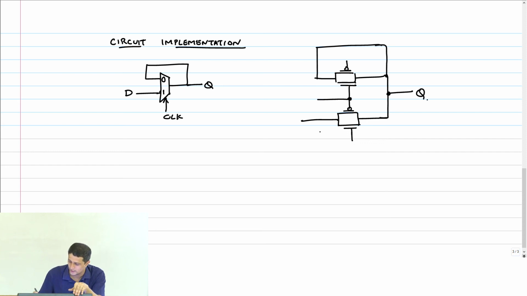Q. Okay. So this is my D. So can you tell me what this signal here should be? Should it be clock or clock bar? Corresponding to this latch, positive latch. Clock, clock bar.